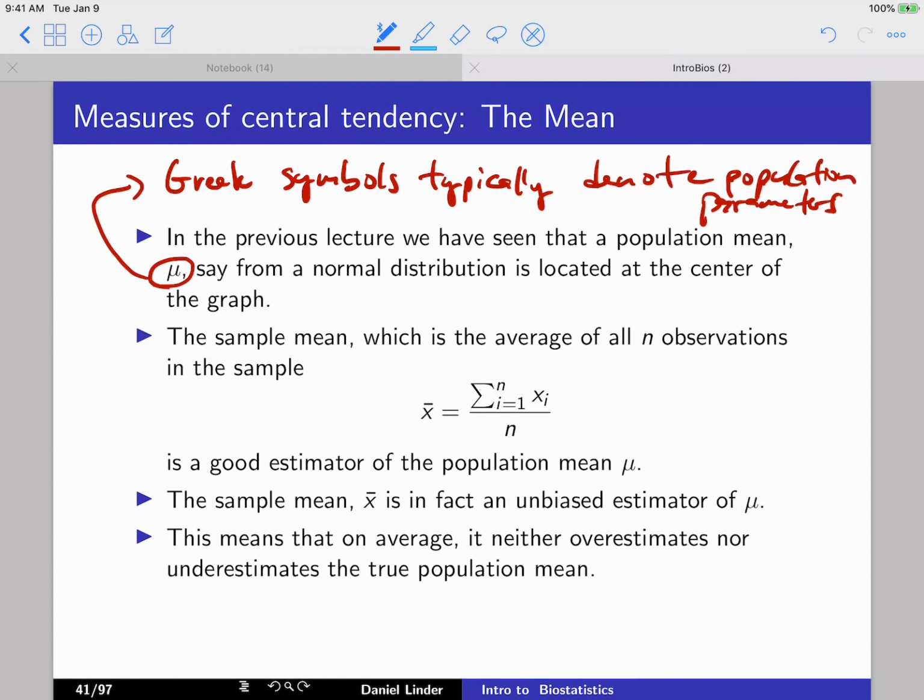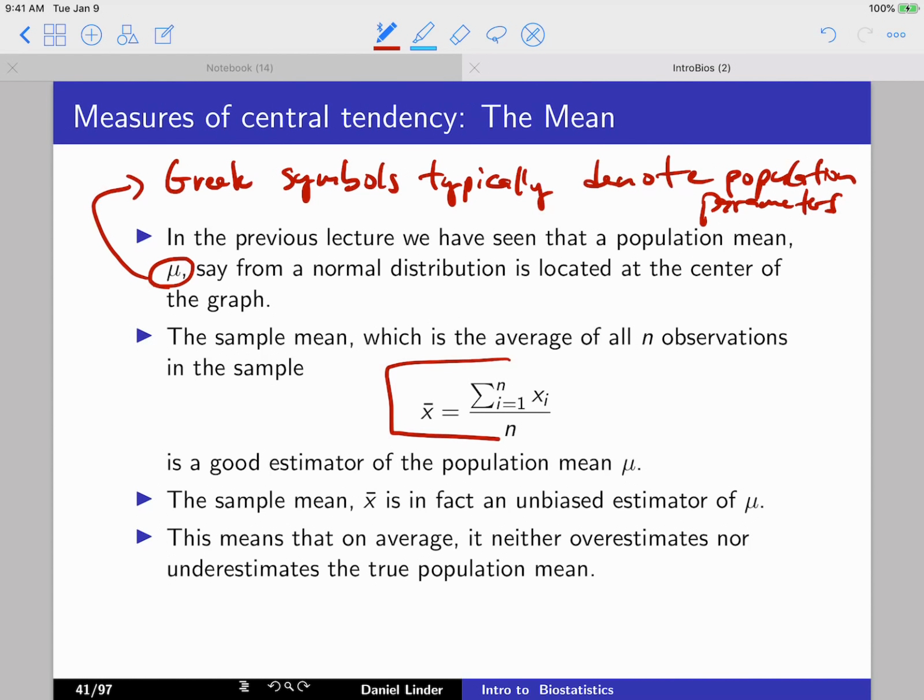It just helps us keep track of what's the difference between a parameter and a statistic. So your theoretical population that you're interested in might have some mean mu, and that's the population parameter that you'd want to do inference on. And the most natural estimate that you'd use for the population mean would be the sample mean, and that's what I have here in this formula.